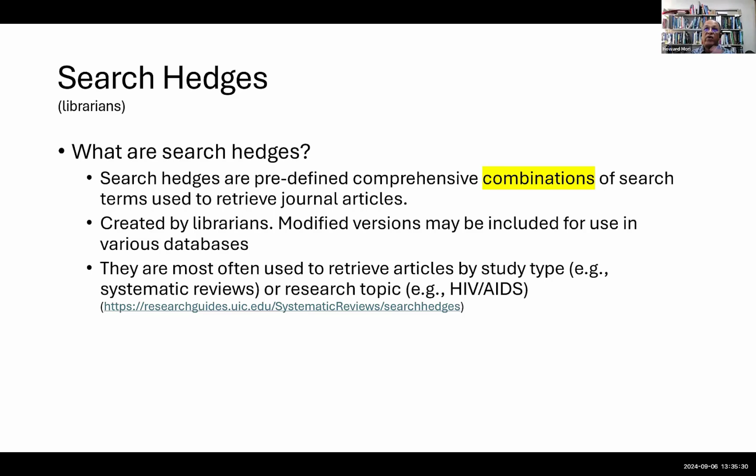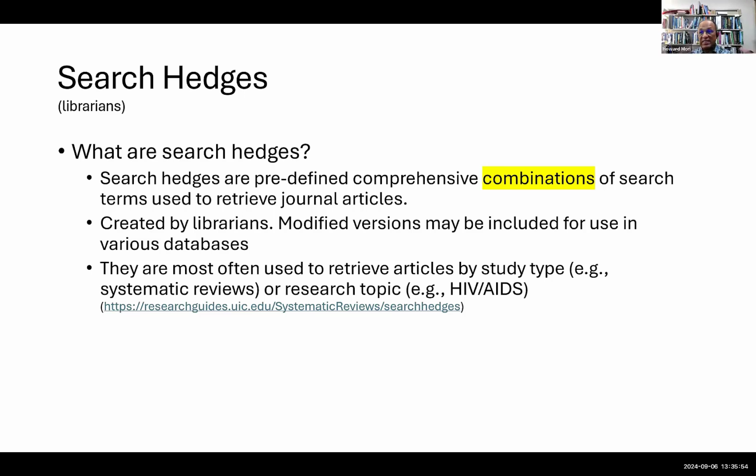So official, well-produced search hedges, the ones that some groups of librarians are putting together, start with a very well put together search strategy for PubMed, and then they modify it to create the one that's going to work for the same subject in Scopus, for the same subject in Web of Science, or for the same subject in any of the other databases.